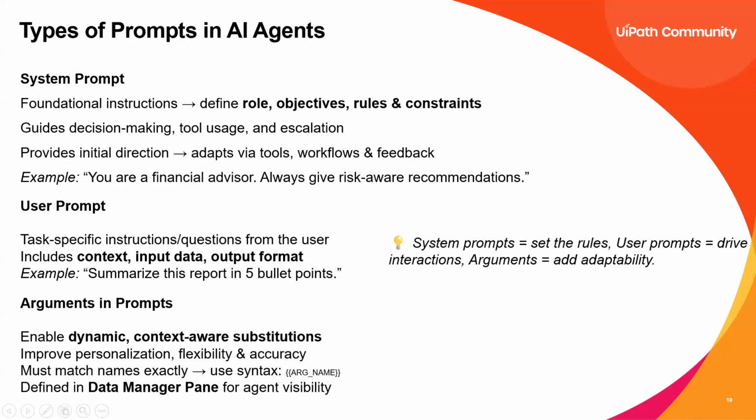So next, the types of prompts that we have in AI agents. Specifically for UiPath Agent Builder, we have two types of prompts, system prompt and user prompt. For the system prompt, you first mention the foundational instructions, that is, you define a role, an objective, rules and constraints. For example, you write a role like, you are a document summarizer agent.